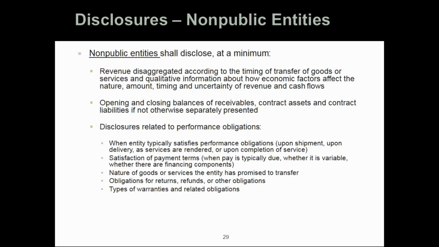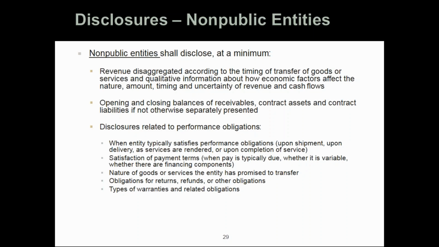So generally speaking, the prior disclosures used boilerplate language that really made it hard for users of financial statements to understand revenues and judgments related to revenue and how revenue is related to the entity's overall financial position. So not only does this standard address how revenue is recognized, it's also addressing the disclosures as well.